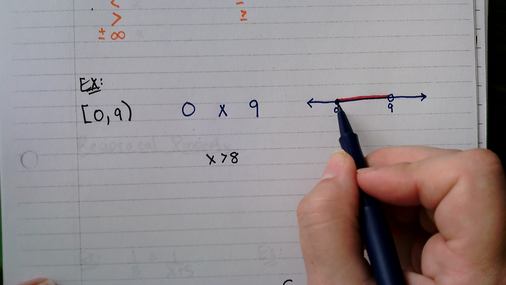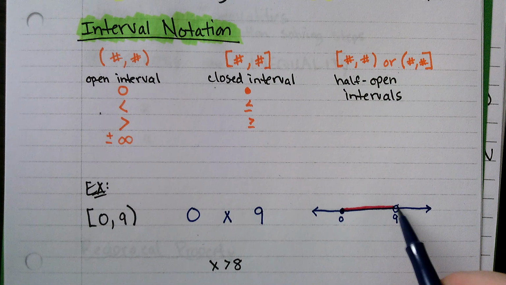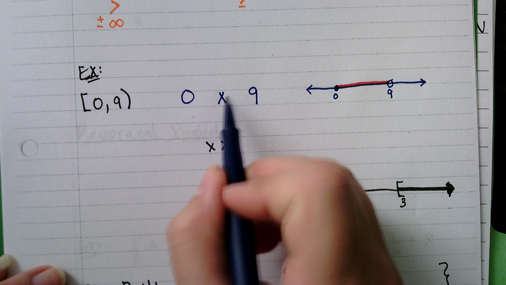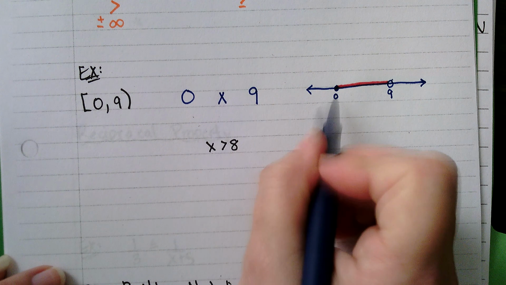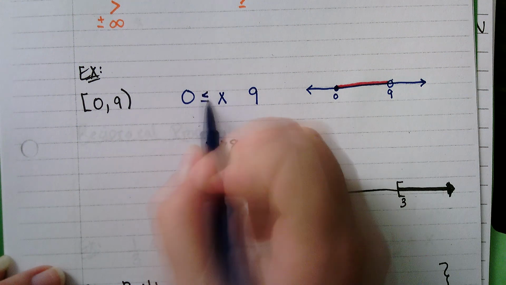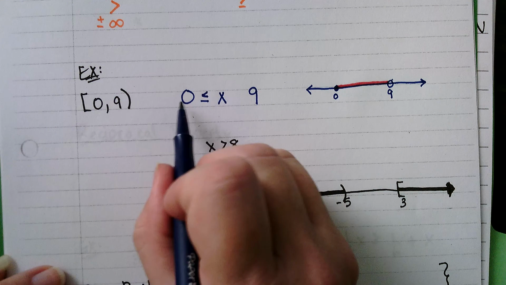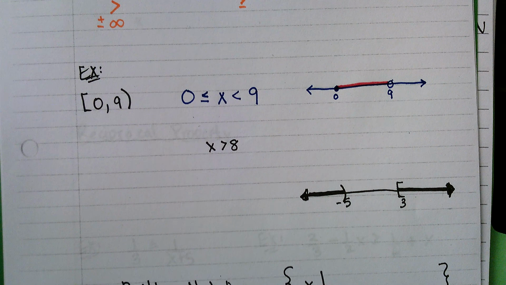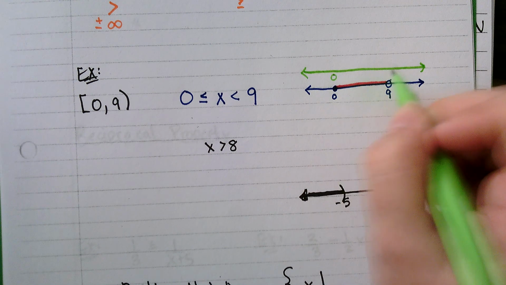If I have interval notation, it's usually easiest for me to go straight to the number line and draw it, and then make that into an inequality. So I've got a closed circle on 0 and an open circle on 9. And this interval notation is telling me that everything between those two numbers is going to be shaded in.